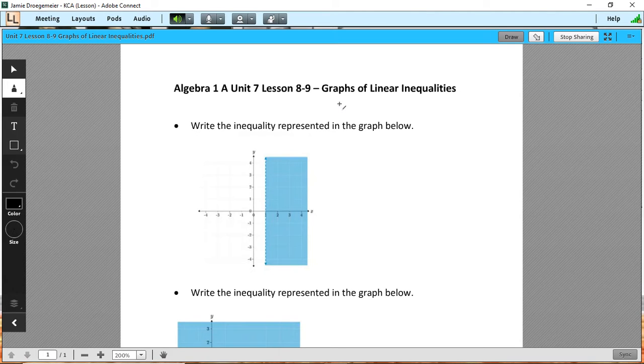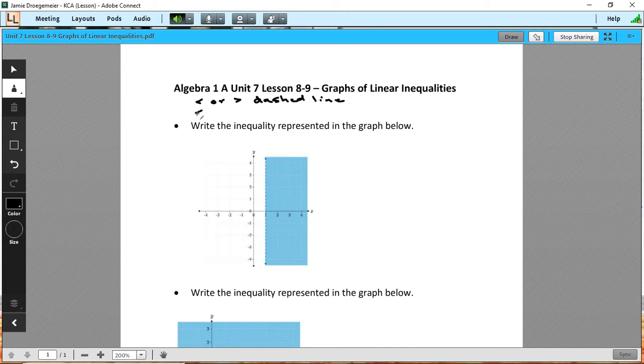That's one thing we want to pay attention to when we're graphing these linear inequalities. If it is a strict inequality, which if you remember, strict we said is either less than or greater than, those strict inequalities, we're going to use that dashed line to represent where that shading begins.